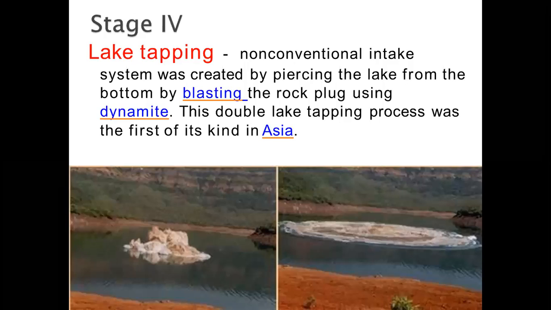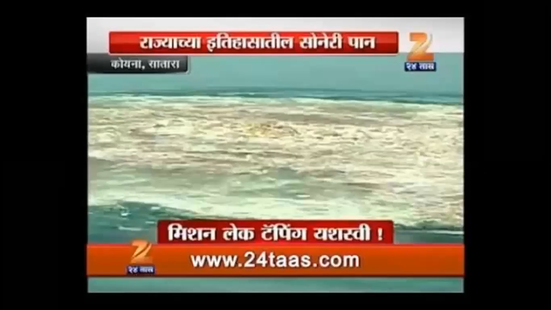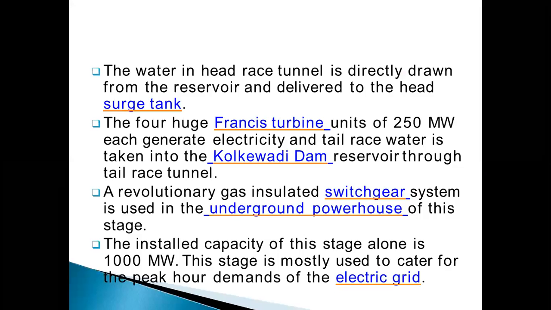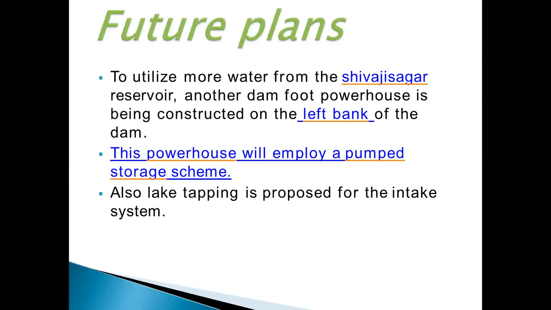So this is one of its kind, a double leg tapping process, first of its kind in Asia. This is the pictorial representation. That's why this is one of the most important dams in India because of its hydropower capacity.